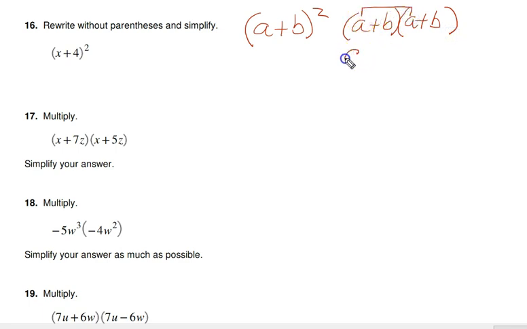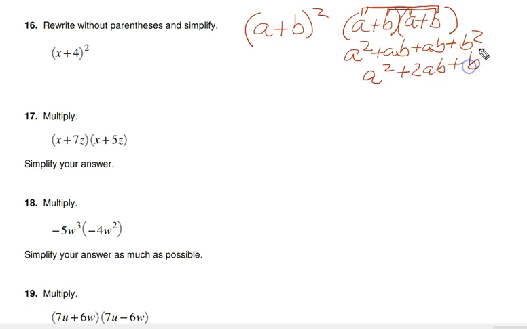First gives us A squared. Outers give us a plus AB, inners a plus AB, and then last a plus B squared. And we have like terms in the middle that are identical, so we get A squared plus 2AB plus B squared. And we call this a perfect square trinomial.